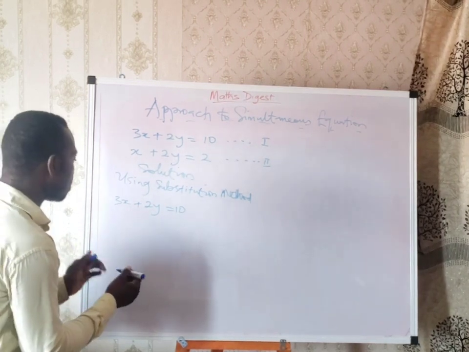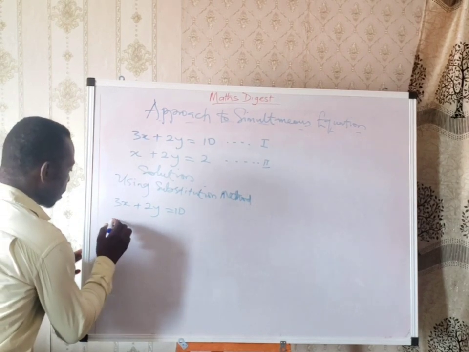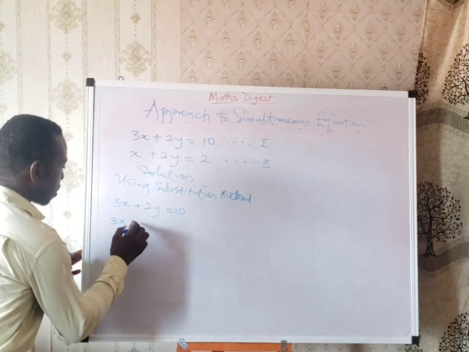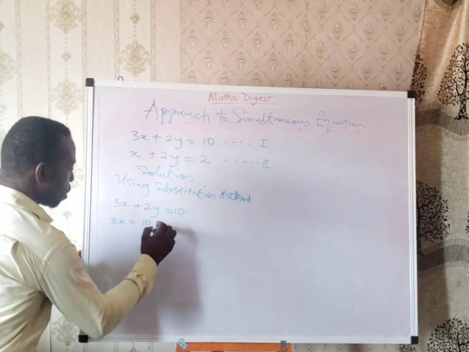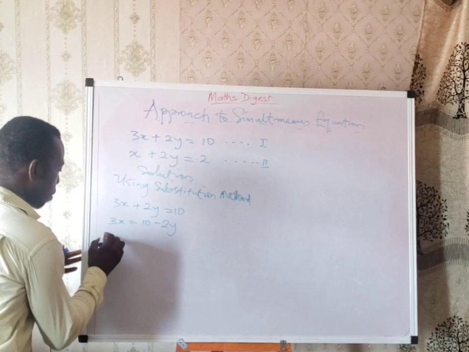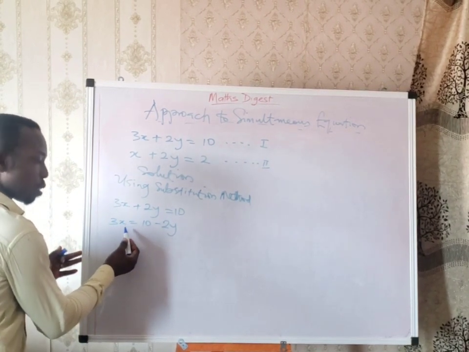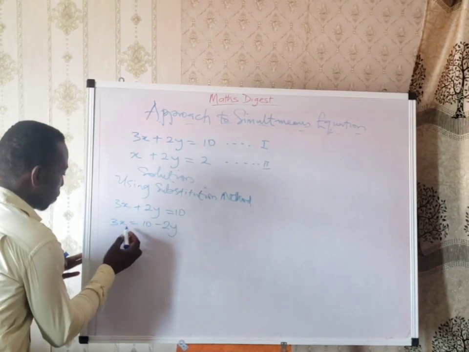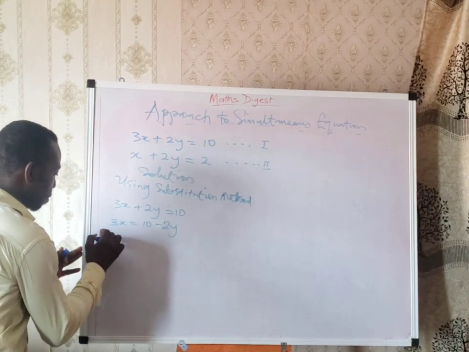Now we can make x the subject of the formula here. We can say 3x equal to 10, and 2y crossing the equality sign becomes minus 2y. Now x will be, you divide through by 3.